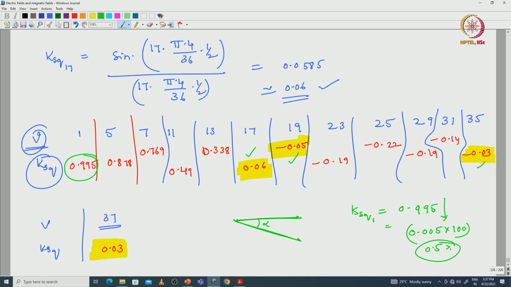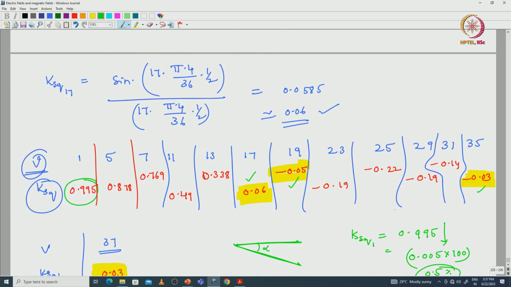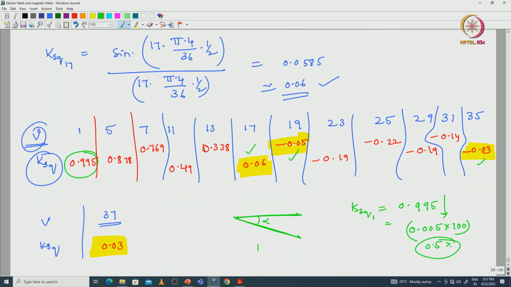That alpha depends upon how many slot pitches we are skewing, SSQ equals 1 or SSQ equals 2, like that we can consider. But if we increase the angle, then automatically the length of the rotor bar also will increase. If the rotor bar length increases, then the resistance of the rotor side will also increase and losses will increase, such that efficiency will come down.